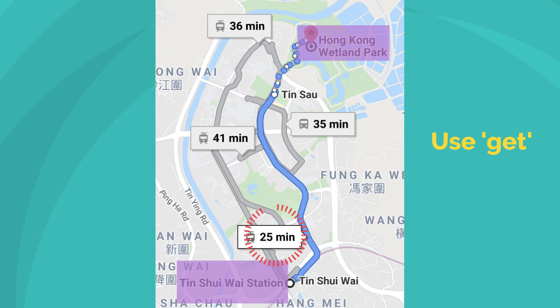How about these two places? The starting point is Tin Shui Wai Station, and our destination is Hong Kong Wetland Park. This time I would like you to use get to ask the question. How would you ask the question?